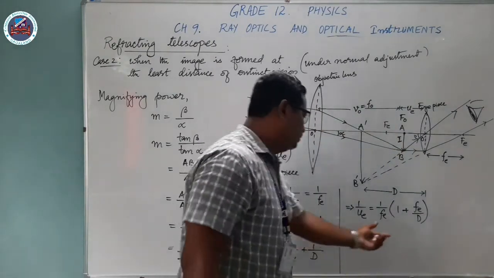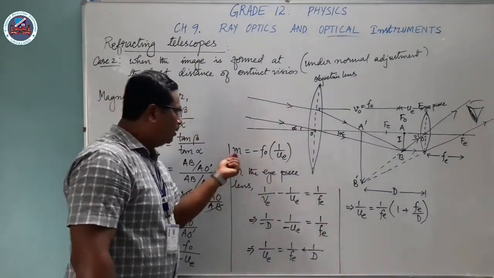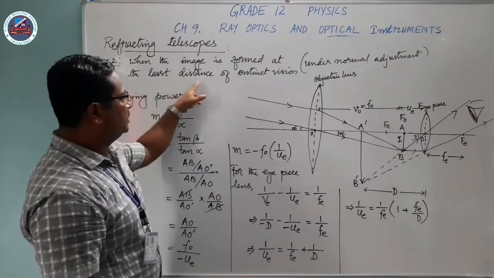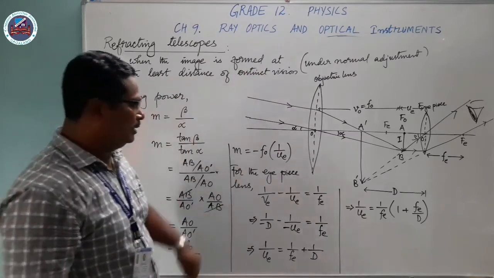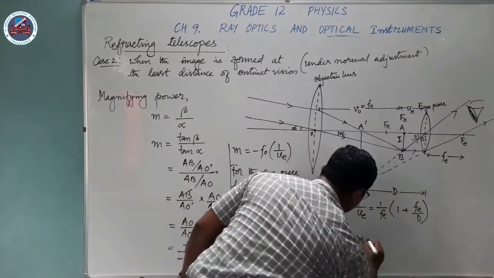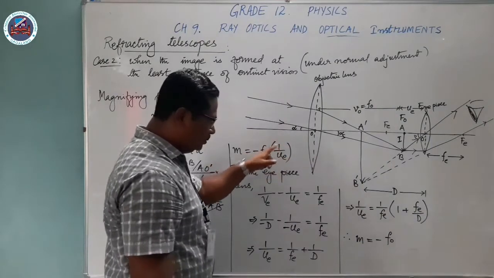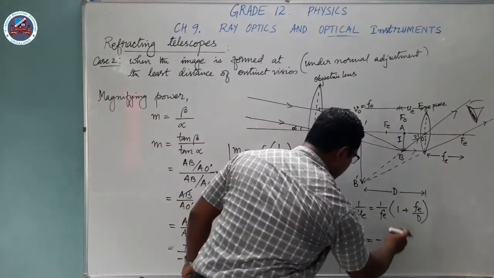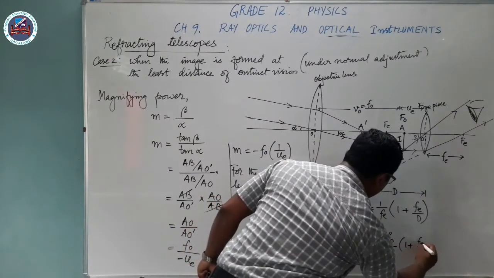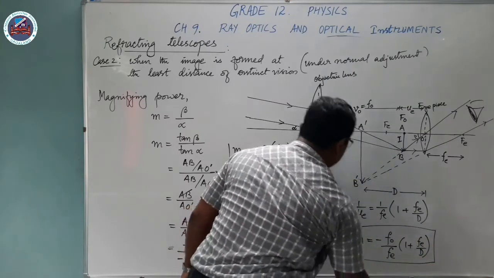And after that, this value of 1 by UE you can put here and get the magnifying power of a telescope when the image is formed at the near point or the least distance of distinct vision. Therefore, M is equal to minus FO into 1 by FE, that is minus FO by FE, times 1 plus FE divided by D. This will give you the final magnification produced by a telescope.